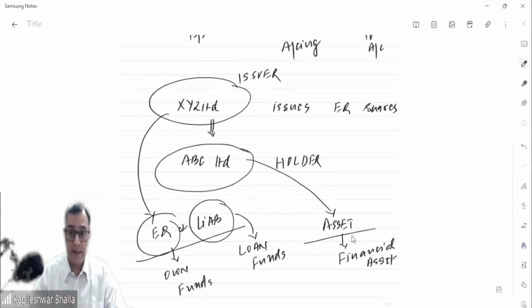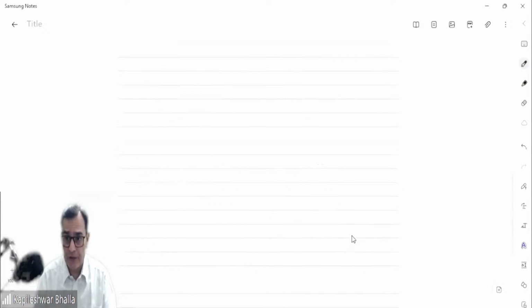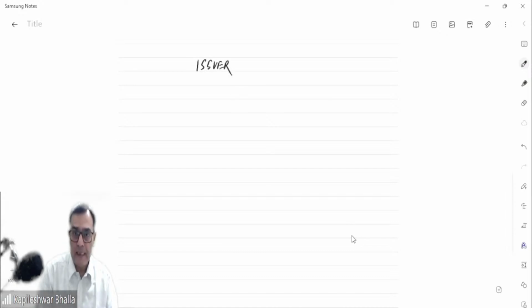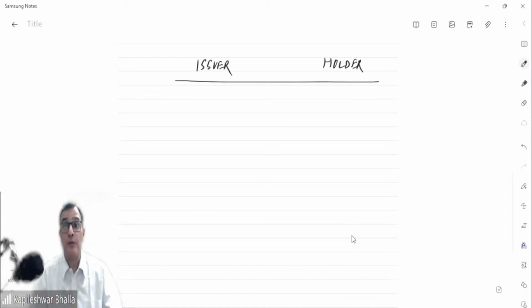If I want to elaborate this further, we can say that if I look at things from the point of view of the issuer, and from the point of view of the holder, we can have two permutation combinations which could arise. The issuer says that it is an equity instrument. Now, we don't know what an equity instrument is at the moment, no worry.